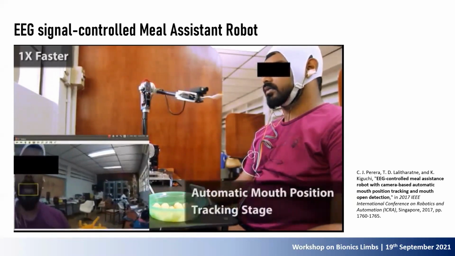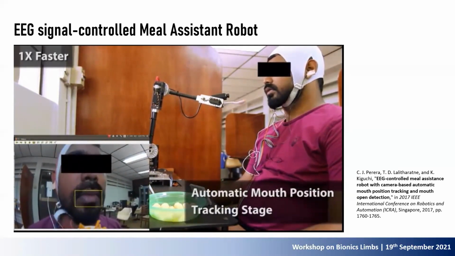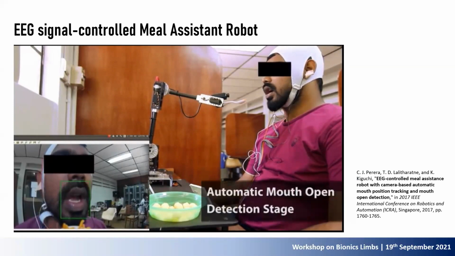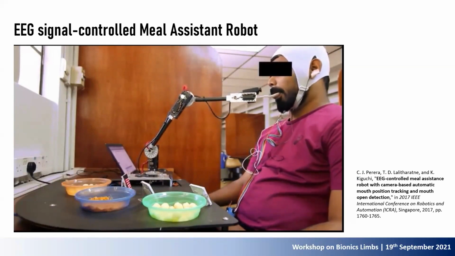Then in the later stage, it uses a vision-based algorithm to detect the mouth position, as well as whether the person's mouth is open or not, and based on that, it feeds the food.